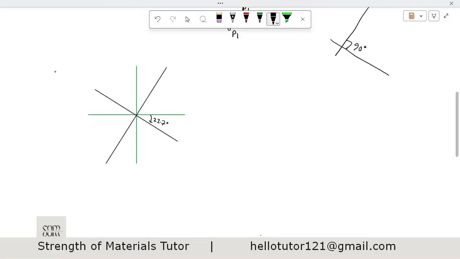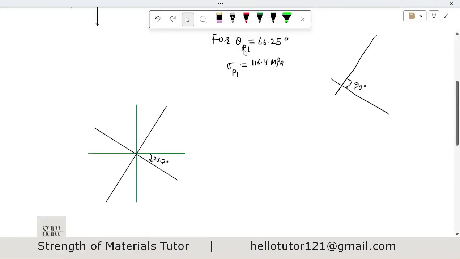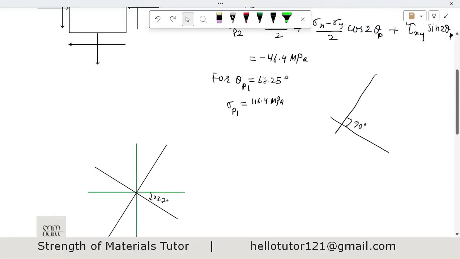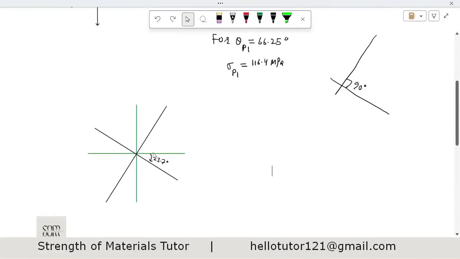This one is already perpendicular to this, right? So we just have to write this angle. Okay, so we don't have to do much. Like this angle is 66.25, okay, so it means this is the angle.